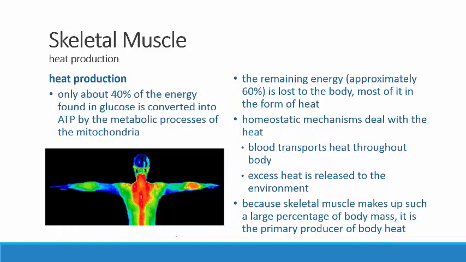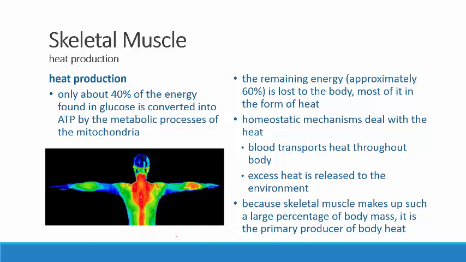And last of all, a consequence of all this ATP production is heat production. If you think about the amount of energy that's found in glucose, only about 40% of that energy is converted into ATP.